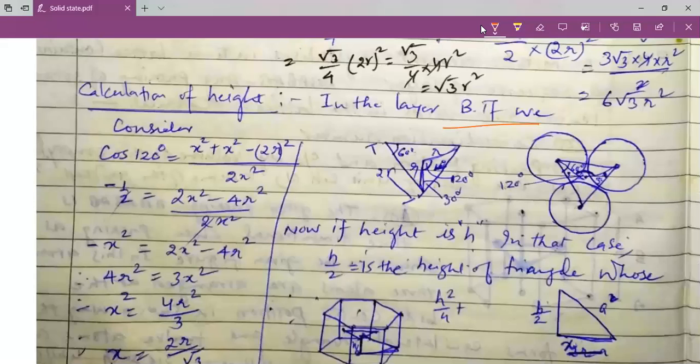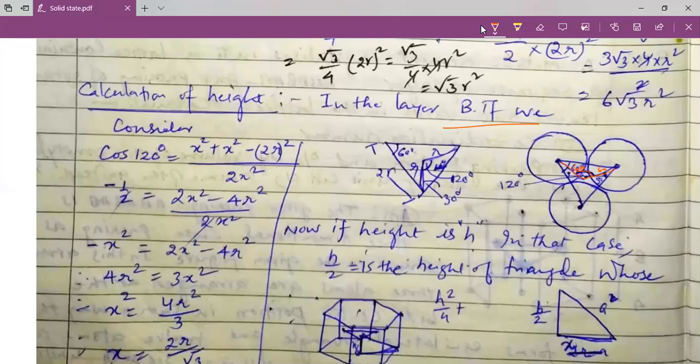Suppose this is your layer B and you have a triangle which is an equilateral triangle. So for this equilateral triangle, all the angles are 60 degree. So inside this triangle, let us draw a small line. These are 3 different spheres which are joined to each other. We draw this triangle, and inside this triangle, if we draw this kind of line, then this angle is going to be 120 degree.